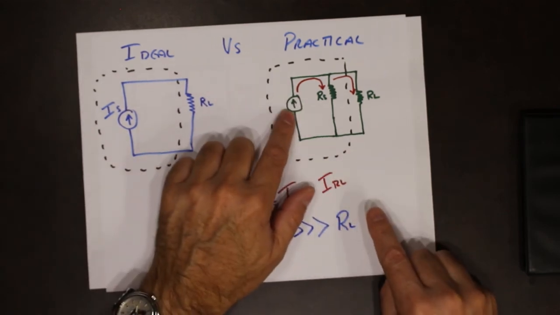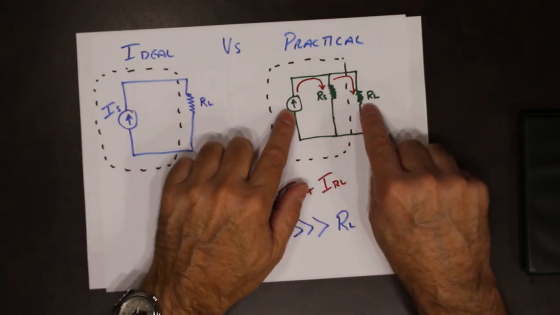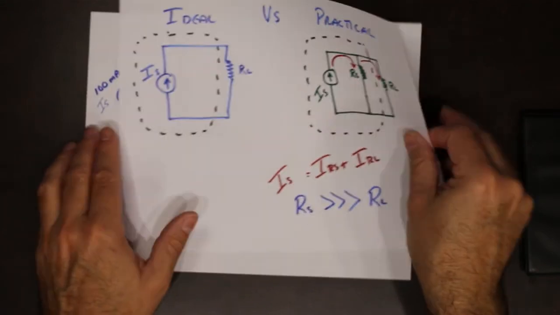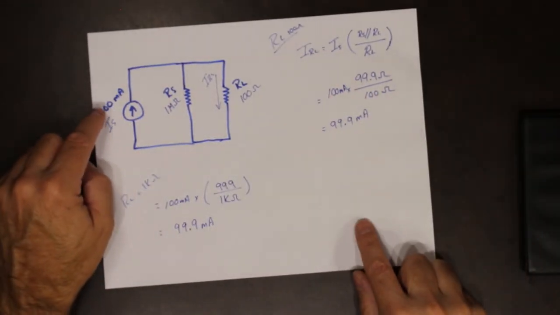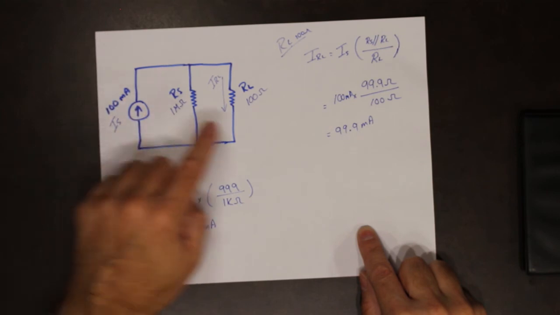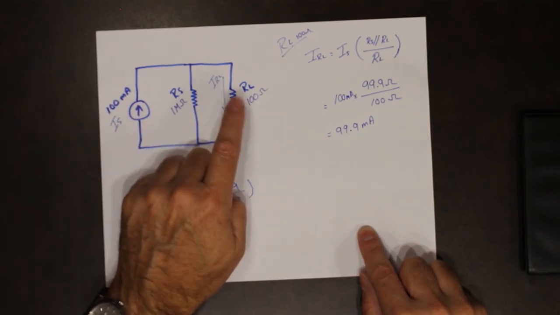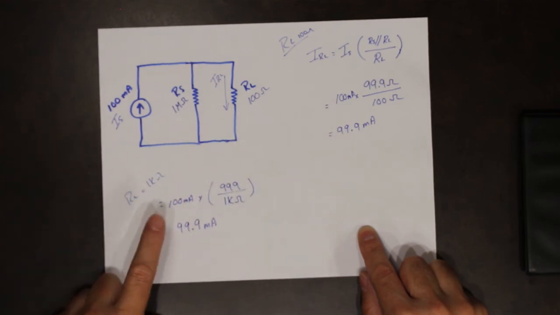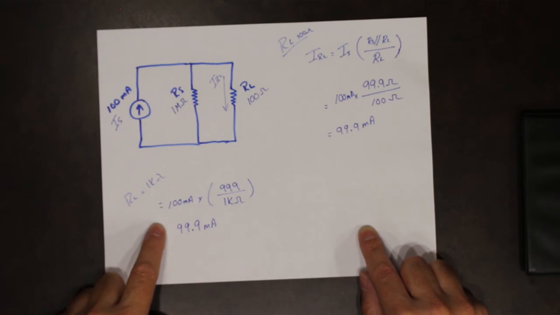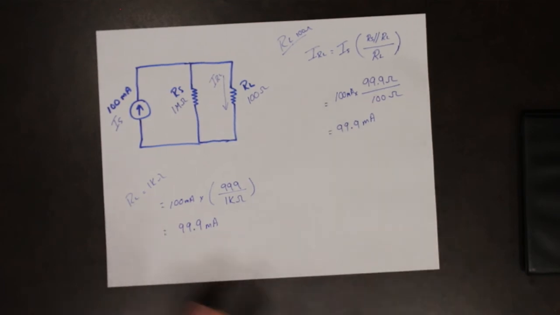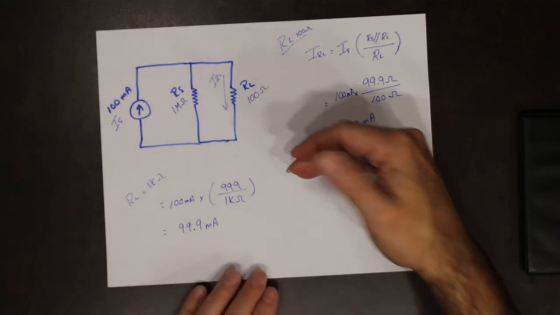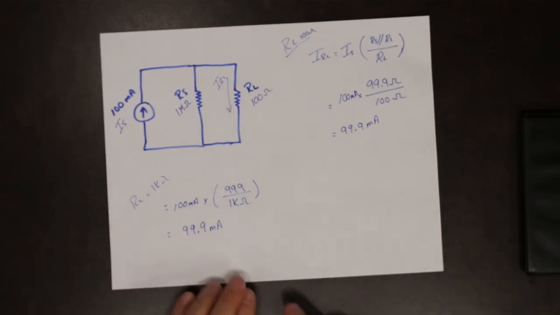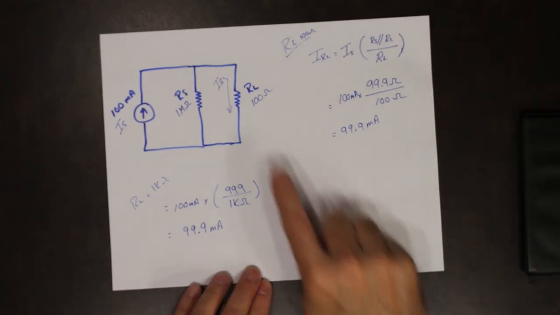In our example here, 100 milliamps leaves the source, 99.9 milliamps makes it to the load. I change the load, the same thing happens. If I did another resistor, we would stick with pretty close to 99.9 milliamps making it to the load.